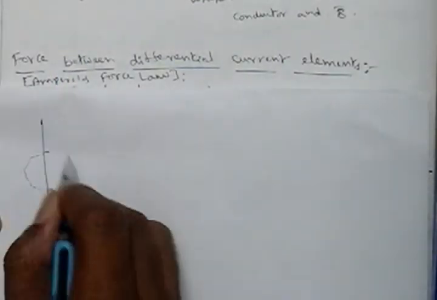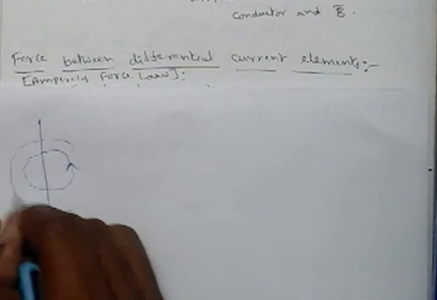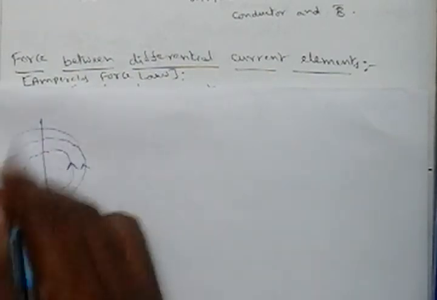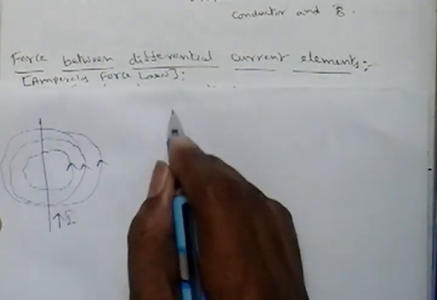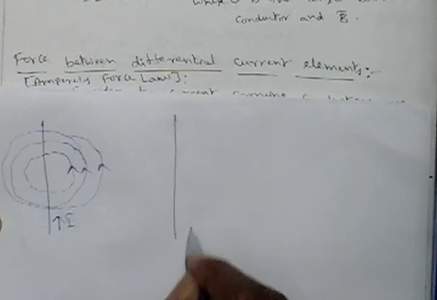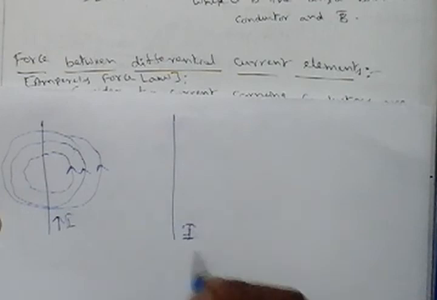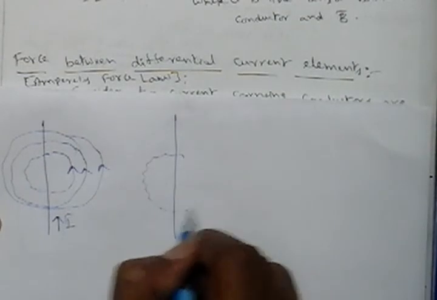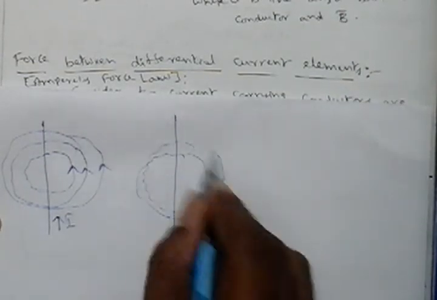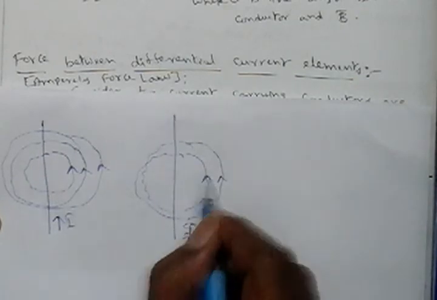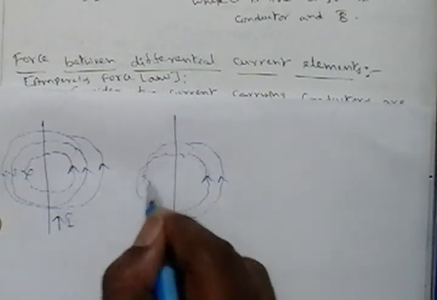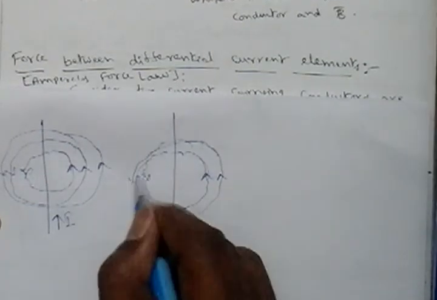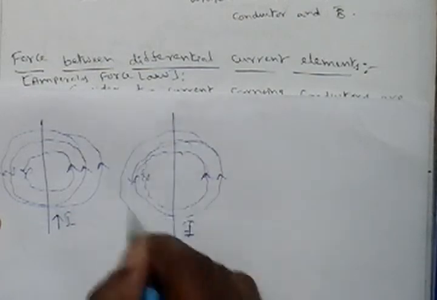This is the direction of flux surrounding the conductor. Similarly, take one more conductor through which the current is I. When the current is flowing in the upward direction, the flux direction surrounding the conductor is like this.